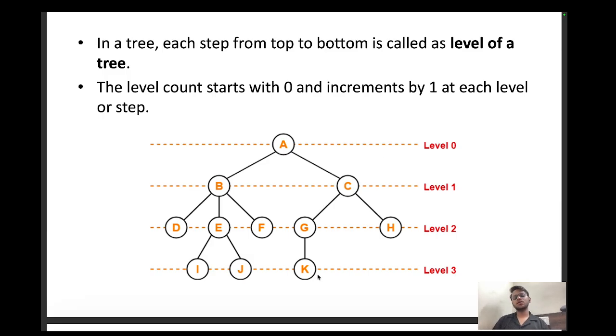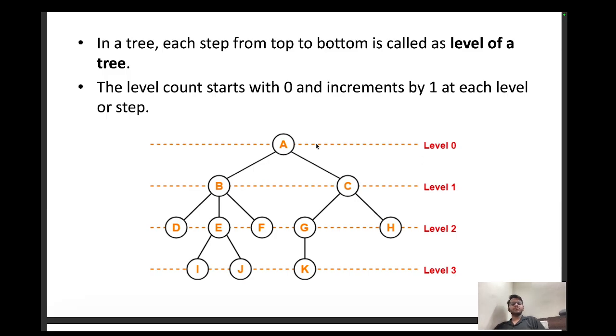The question must arise in your mind why the bottommost layer is not level 0, and why the topmost is level 0. The simple idea is that the root node is taken as level 0 because it becomes easier for further calculations, like finding the degree of the tree and the height of the tree.